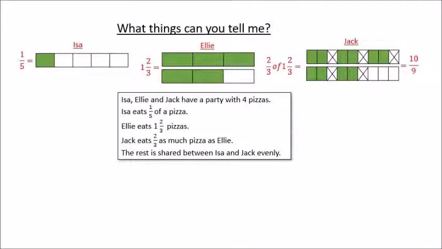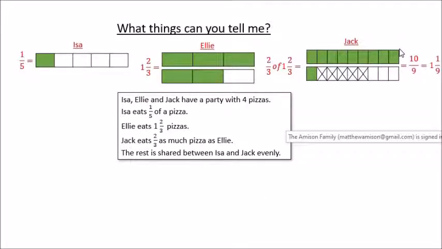I'll move those so that they're easier to understand, so I'll move all of these 3 into these 3 x's, and I'll move the last one over to the left. And you can see that it is 10/9, because each bar is split into 9 pieces now.